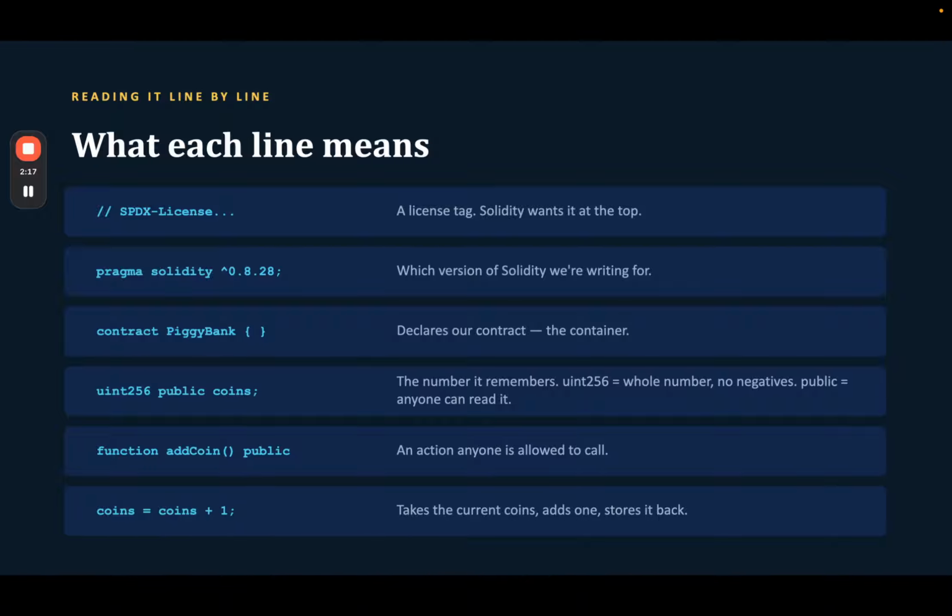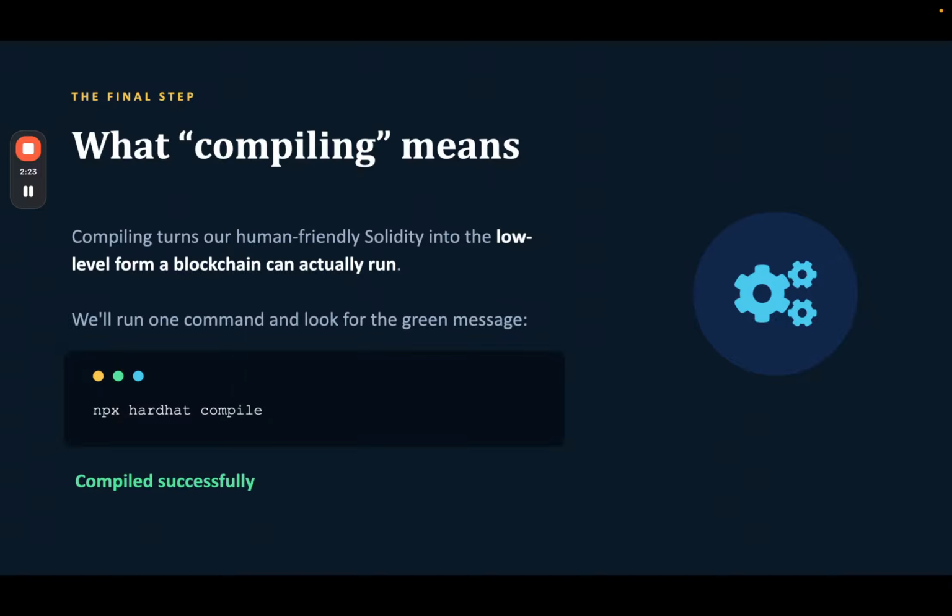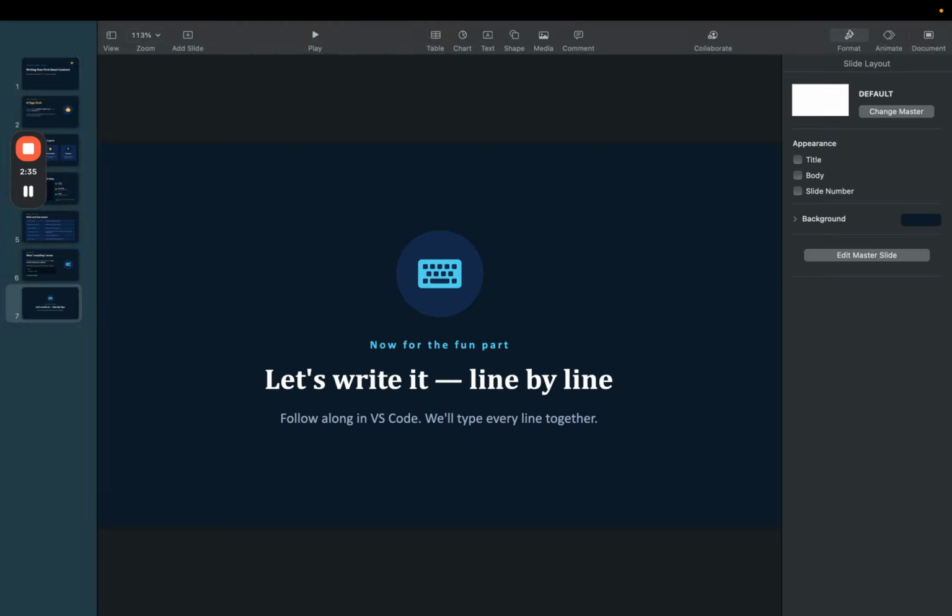Then we have the public function, and then we have the logic within the function. Then we have to compile the program. Compiling is basically going to see if our contract is perfectly fine in terms of syntax. If yes, it's going to compile it successfully. So in this video, we're going to go ahead, make the program and compile it.